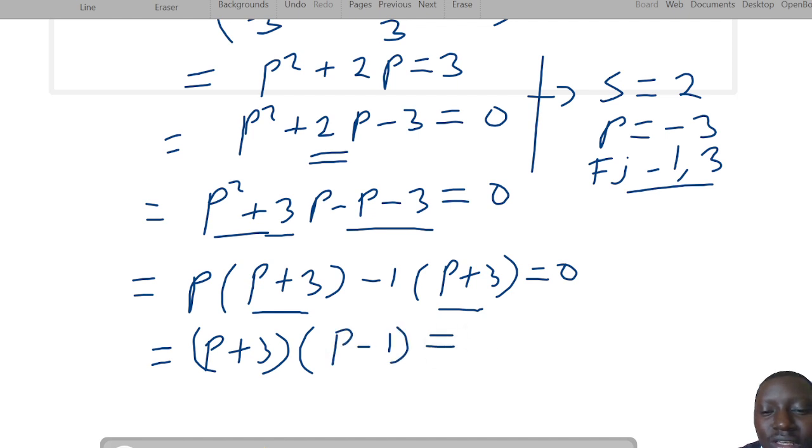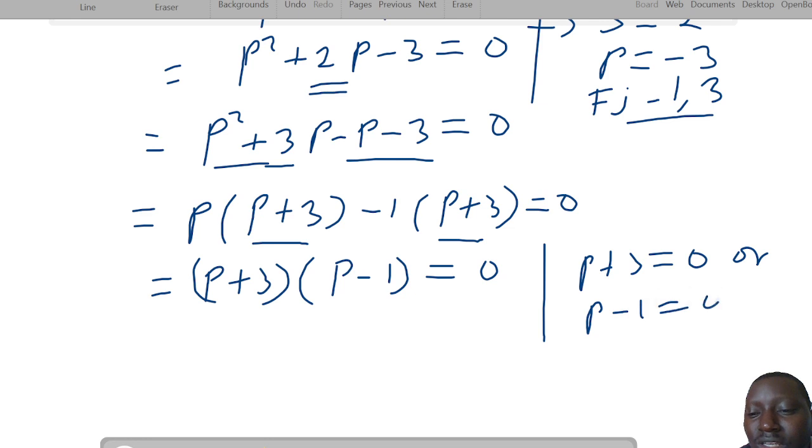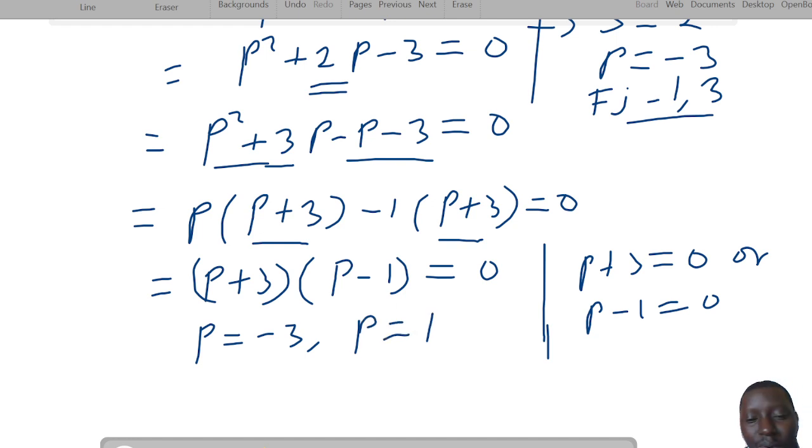And all this is equal to 0. And class, what follows next, we know that either p plus 3 is equal to 0 or p minus 1 is equal to 0. So from the first one, it implies that p can be negative 3, and from the second one, it implies that p can be 1.